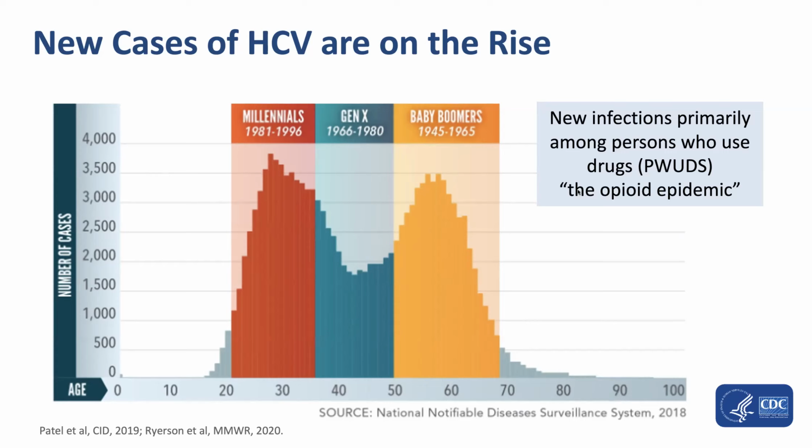That group has been well recognized to be at risk for hepatitis C. But where we're seeing the new infections is really in the millennials, where this is related to the opioid and other substance use epidemic that we're all facing. I know that you are all very familiar with this, but this is where the new infections were coming, and so this is the group that was being missed with prior screening. So now the recommendation to screen across the age spectrum is to help us identify those who were infected decades ago, but also the new infections.